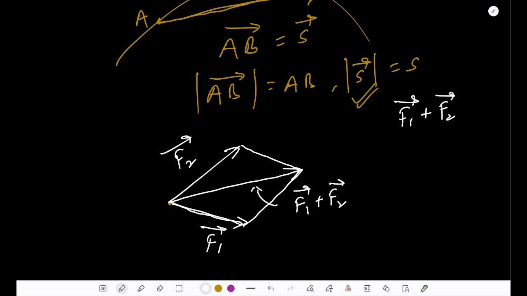That is, the quantity is added according to the parallelogram law. These two directed line segments represented by forces add according to the parallelogram law, and all quantities that have magnitude and direction and that add according to the parallelogram law are called vector quantities.